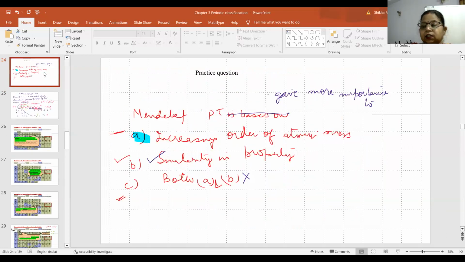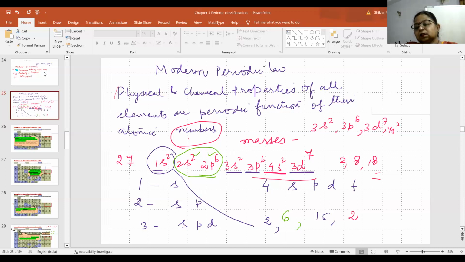Do you remember we did this in the last class? Ananya, do you remember? Please tell me, one or two, whatever you remember. Are you asking the demerits? Yes, I'm asking the demerits. Couldn't find the fixed place of hydrogen because it was both an alkali metal and a halogen.